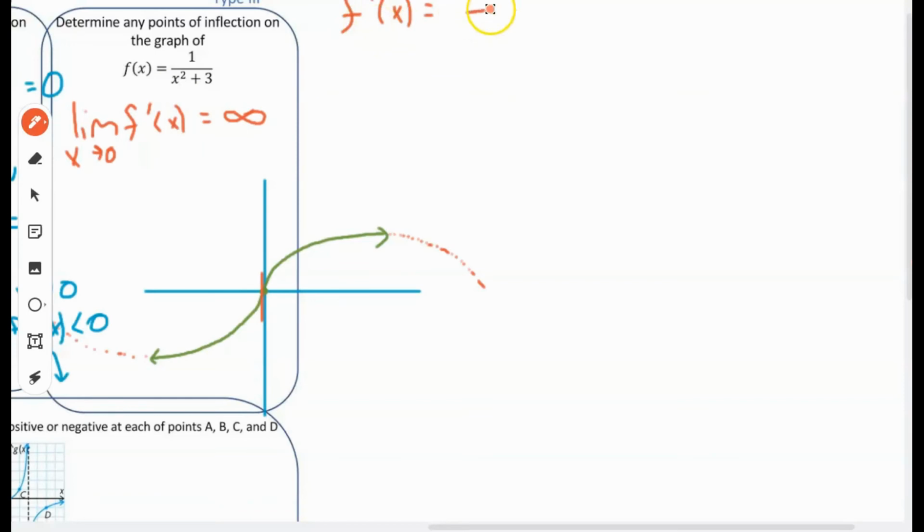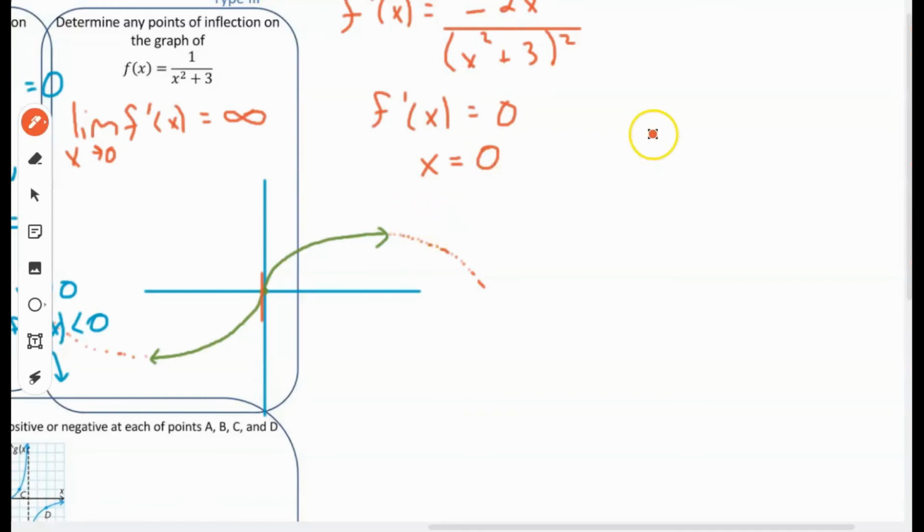But the first derivative is going to be minus 2x over x squared plus 3 all squared. Alright, and we want to see when that's going to equal 0, so really we just need to focus on the numerator. So we have minus 2x equaling 0, which means x being 0 would give us a critical point. It's going to be either a maximum or minimum when x equals 0.